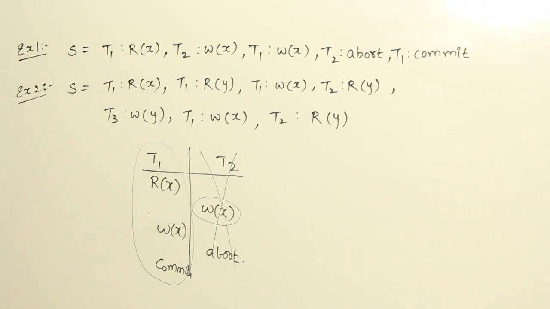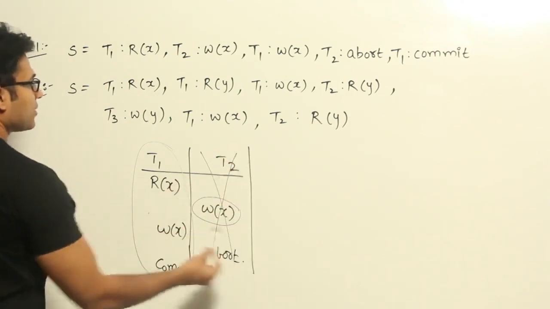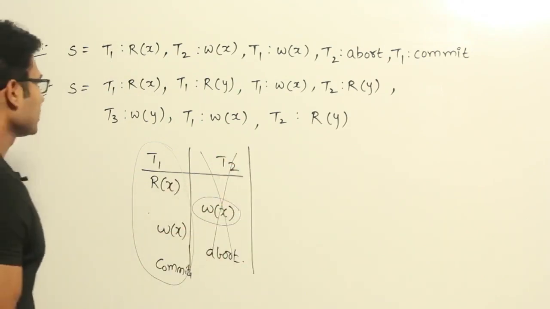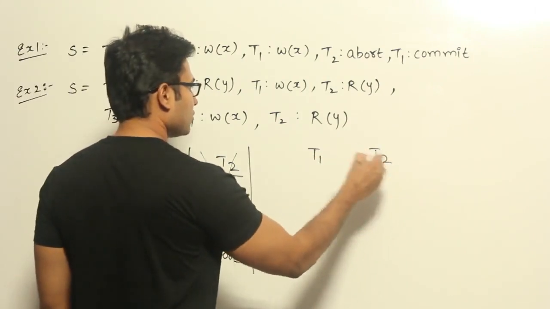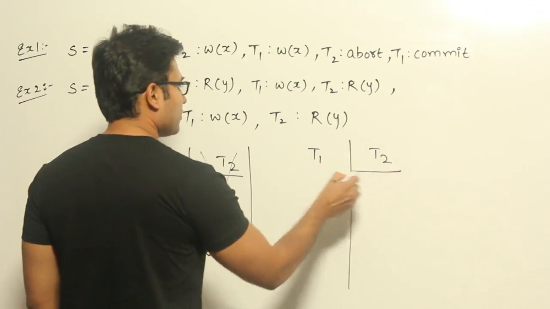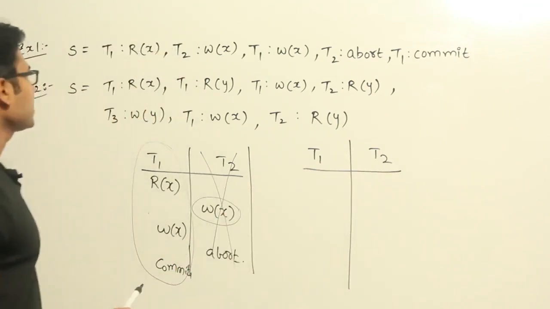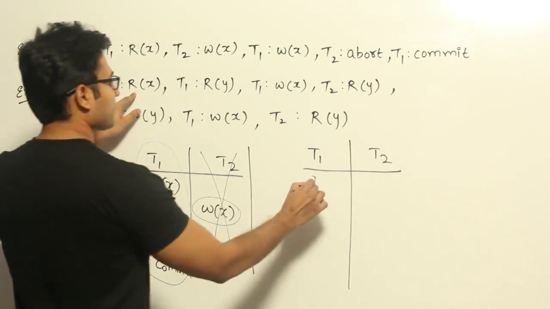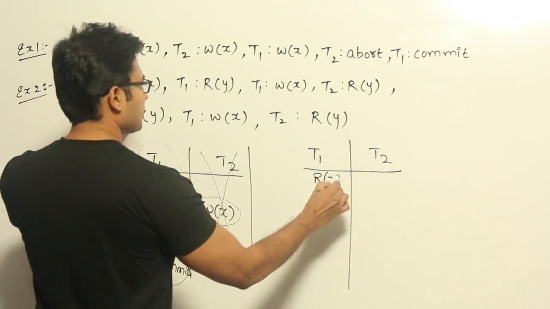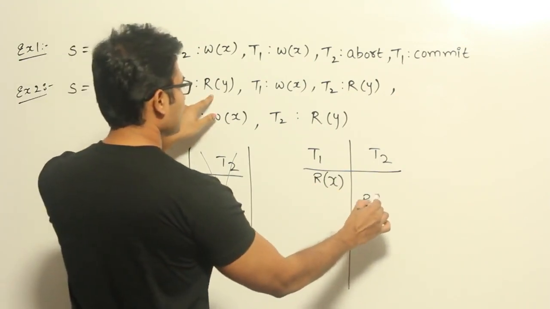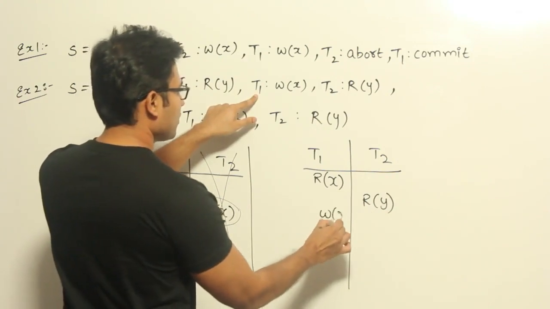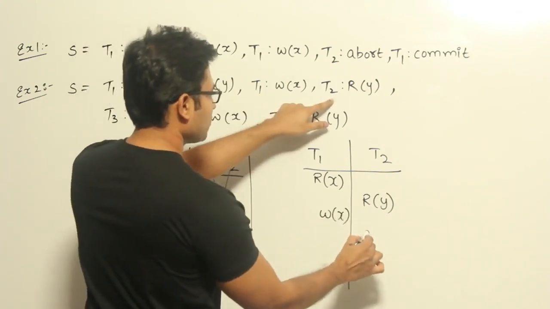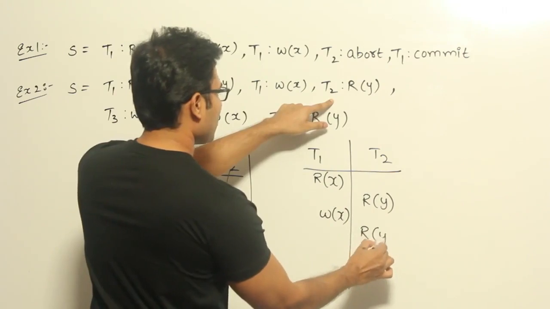If you observe it, let me write the tabular form for it. Now there are two transactions, T1 and T2. Right, in transaction T1 there is read on x, and in transaction T2 there is read on y, and in transaction T1 there is write on x, and in transaction T2 there is read on y.